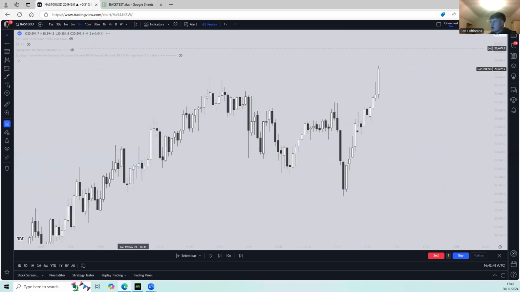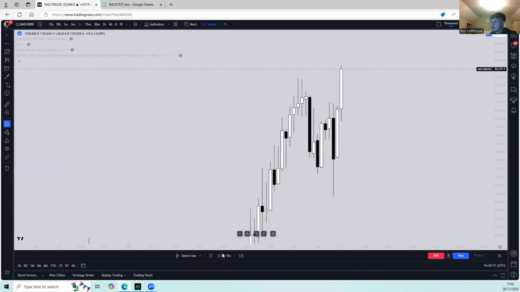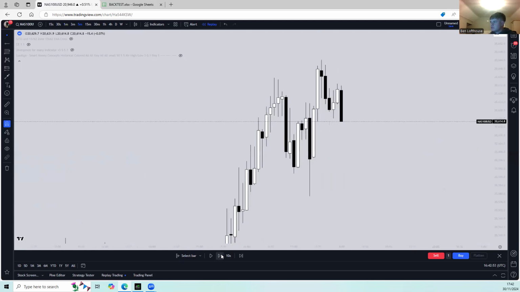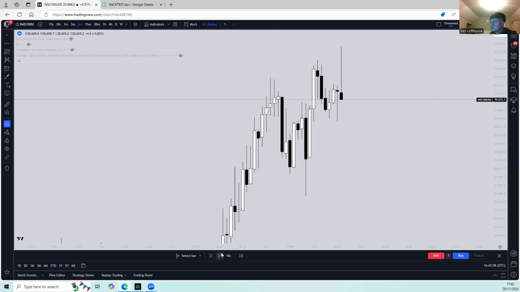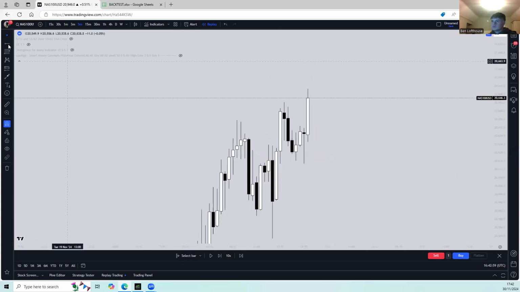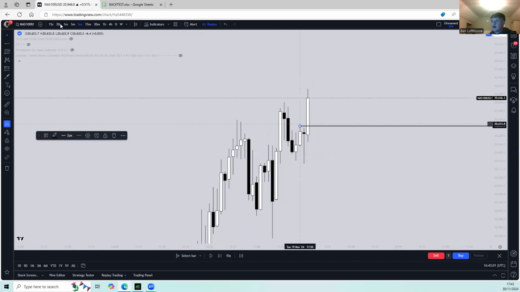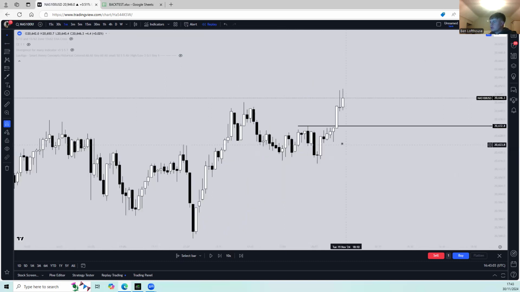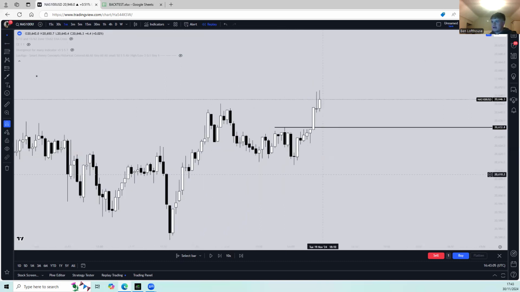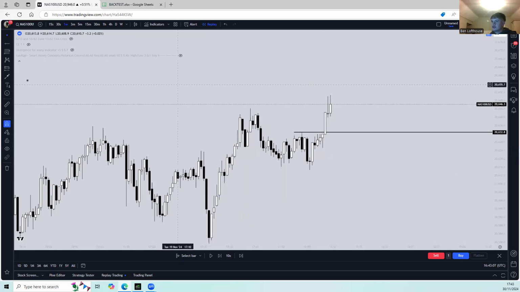So jump onto the 5 minute. Go like that. Could have been a 5 minute imbalance there. Where we are, 6 o'clock. Good timing. 1 minute break of structure.